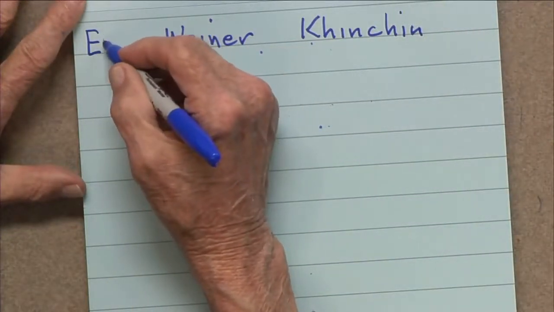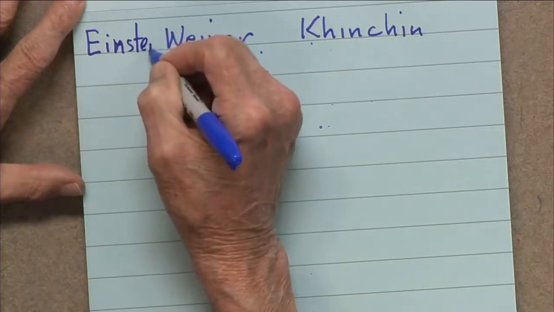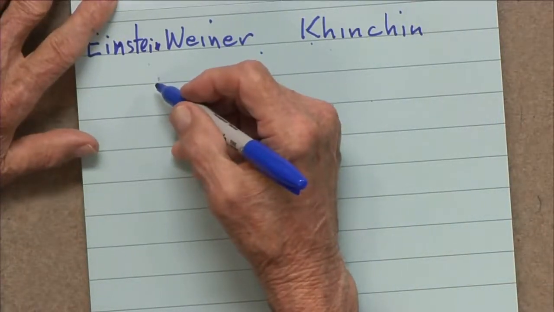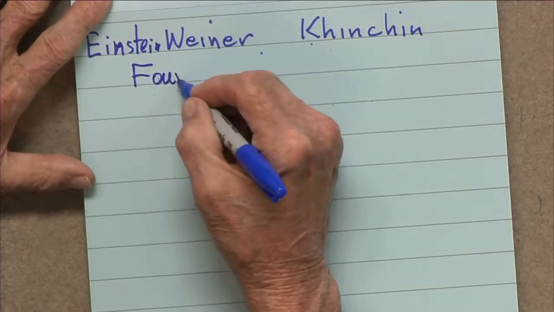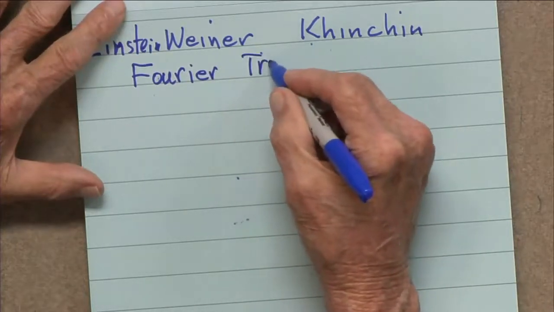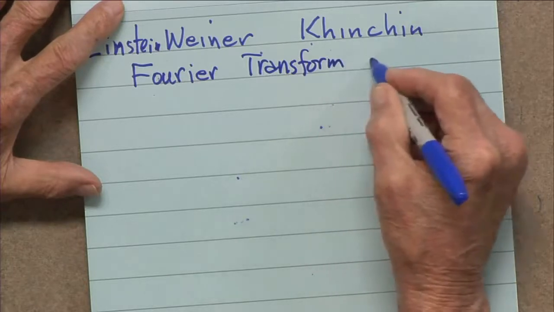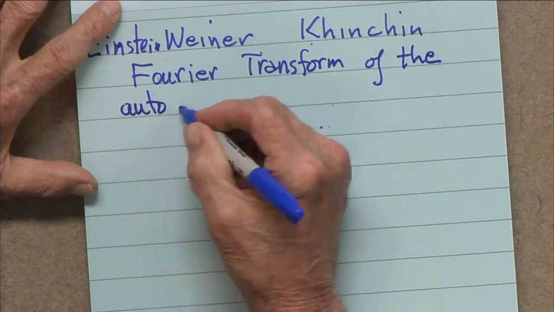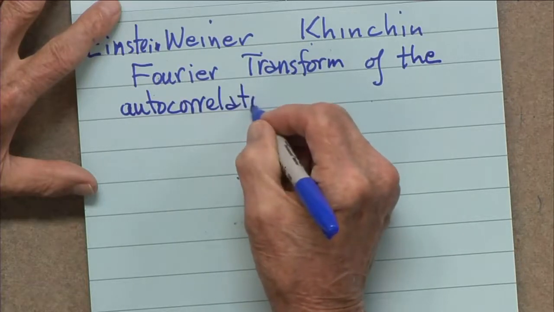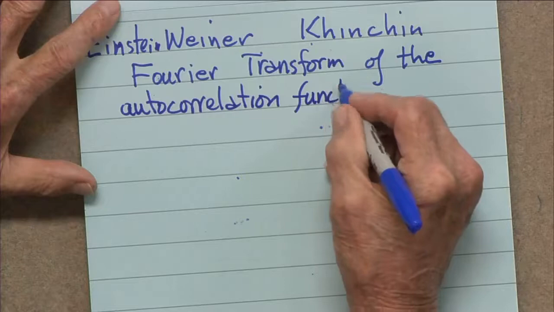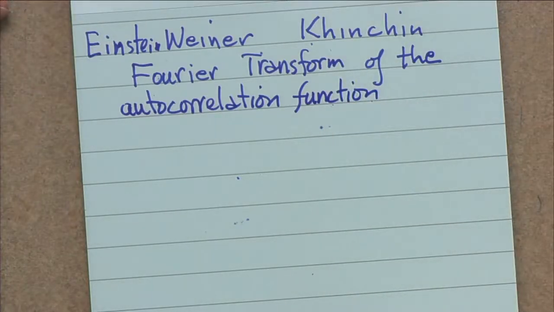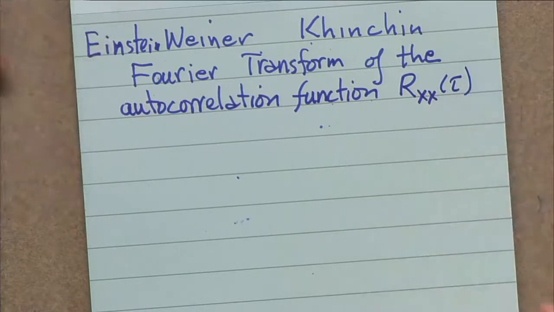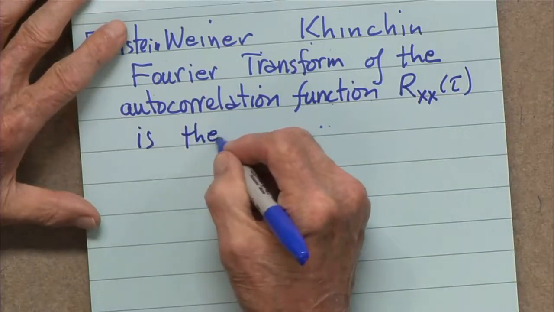It says that the Fourier transform of the autocorrelation function Rxx of tau is the power spectral density.